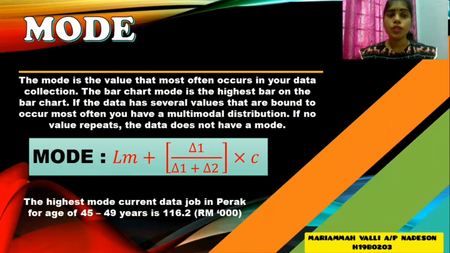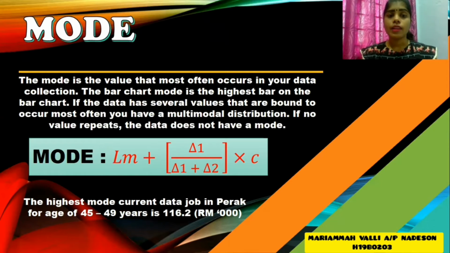For the mode, it is the value that most often occurs in our data collection. In a bar chart, the mode is the highest bar. If the data has several values that occur most often, you have a multimodal distribution.